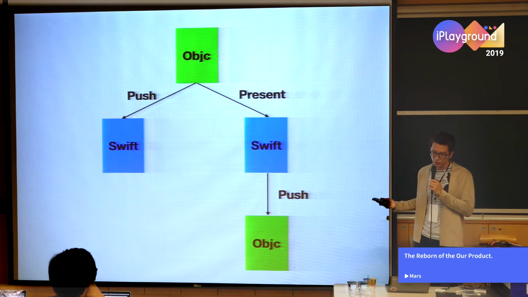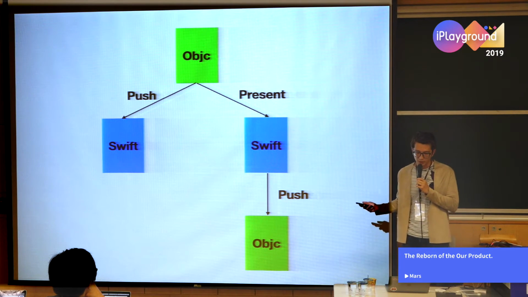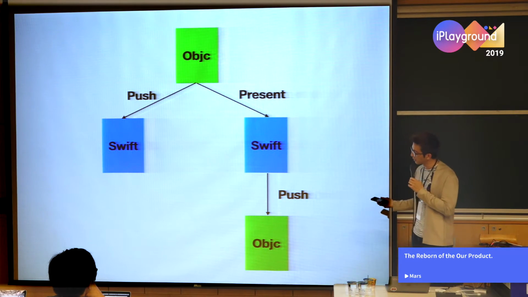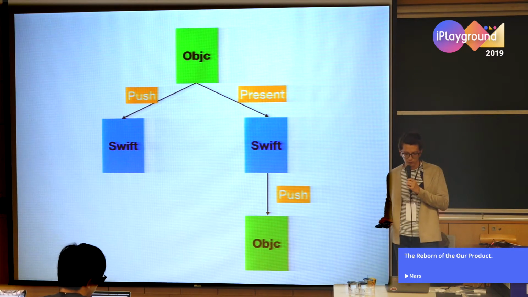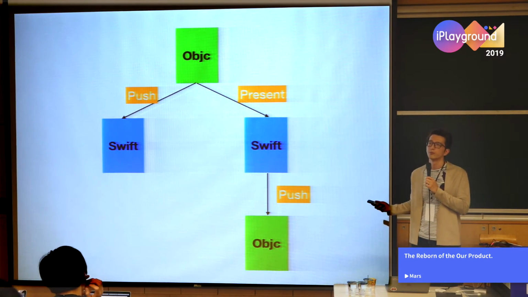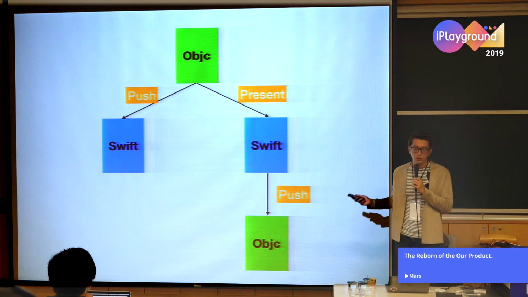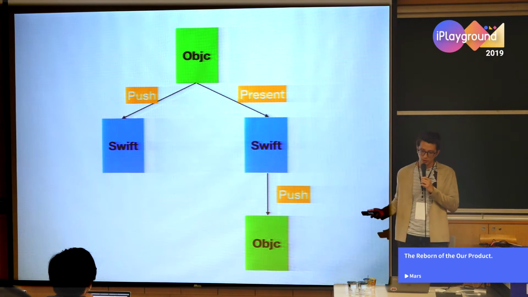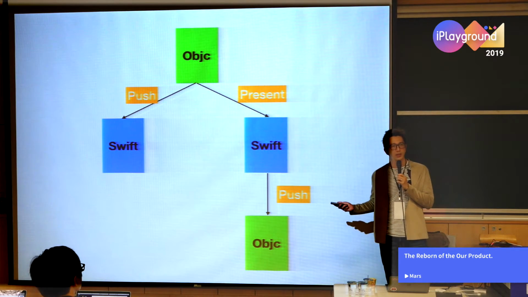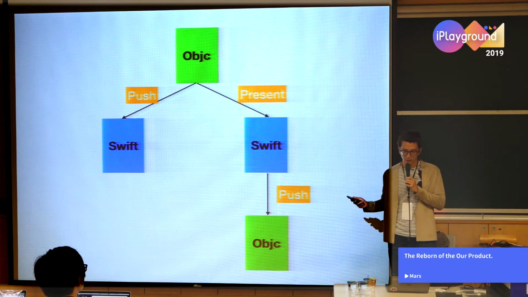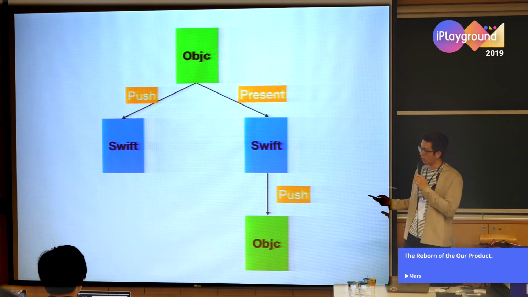We can take pushing and presenting actions as a link to a new page. Therefore, we are going to wrap those actions as adapters and implement it with a design pattern, the coordinator.